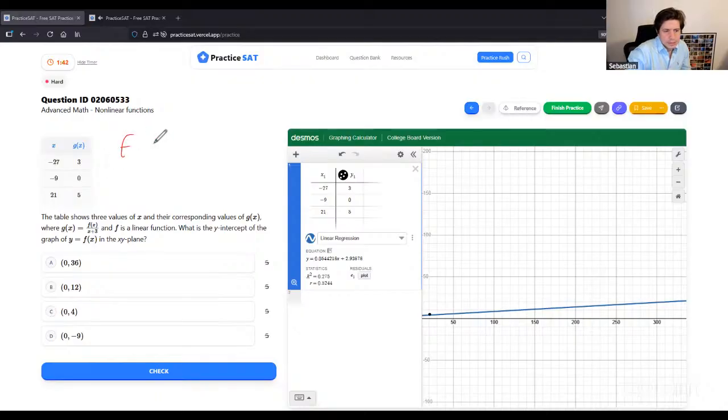So what we could say is f of negative 9 equals 0. And then what we could also say is f of negative 27, if we plug in negative 27 for the bottom, we'd get negative 24. So it'd be negative 72.